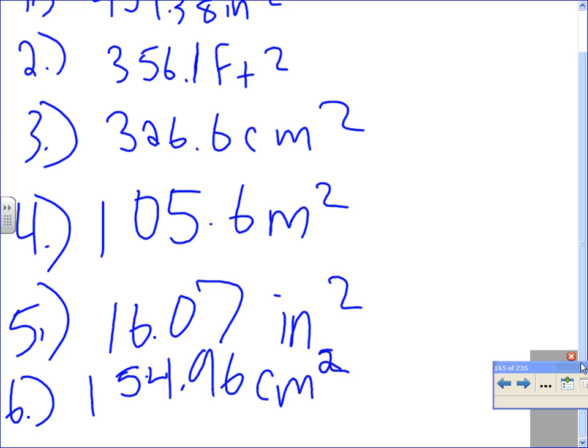I don't have all that written down. So you should have 1/2. Okay, and then did you use 2 pi r for your formula? Pi times diameter. Okay, so 1/2 times pi times 7 times 10.6.